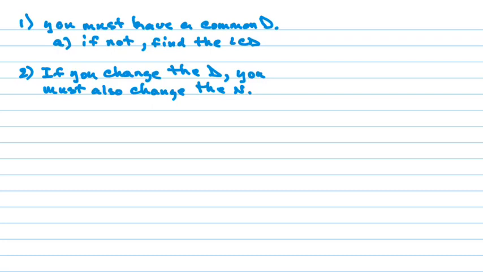So the denominator tells you what the size of the pieces are. The numerator tells you how many of those pieces you have. So like 1/3 tells you have 1 out of the 3 pieces. Remember what fractions mean. And even when they're algebraic, that's still what they mean. So if you change how big they are, it also changes how many of them you can have.